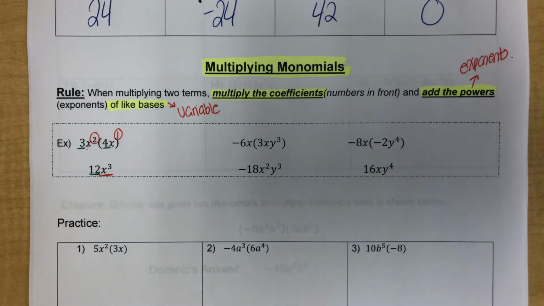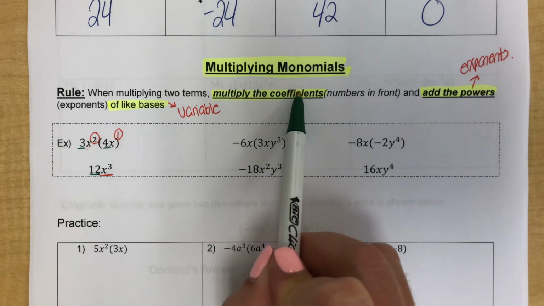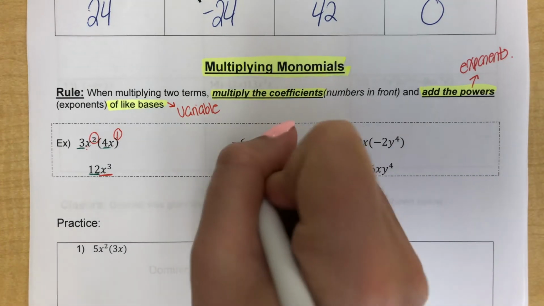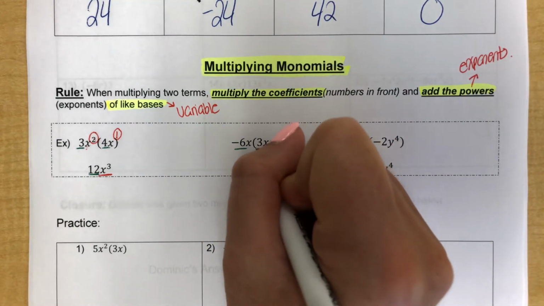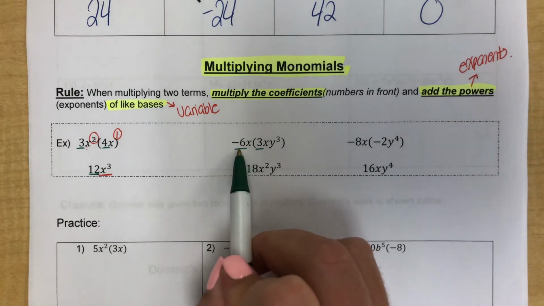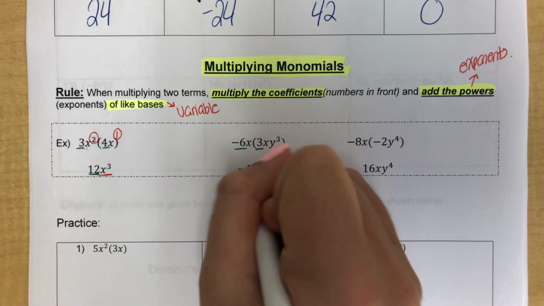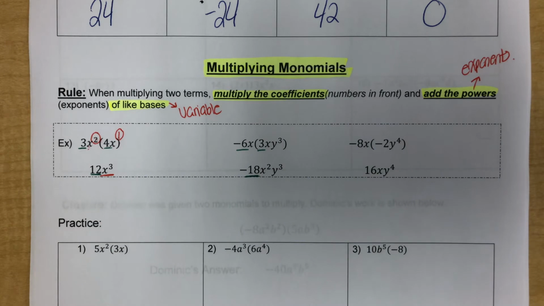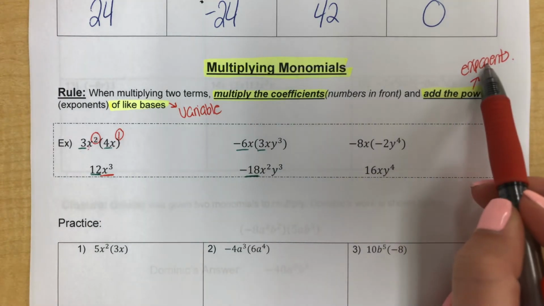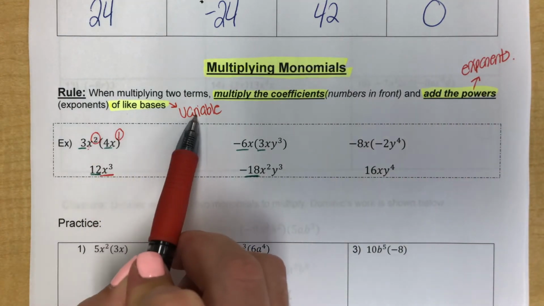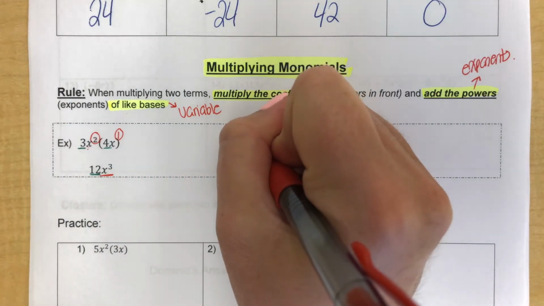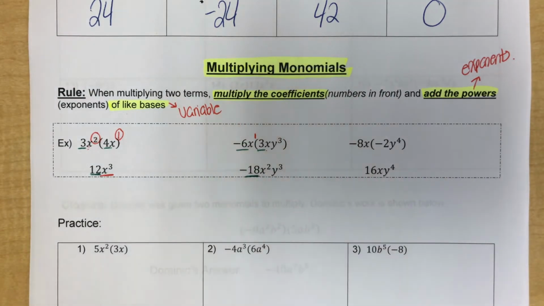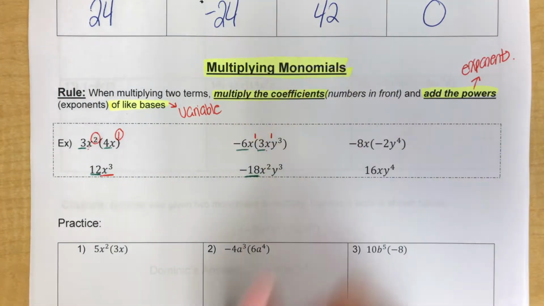All right, one more. Again, I'm looking, first step says to multiply the coefficients. So the coefficient in front here is negative 6, and the coefficient on my second term is a positive 3. Well, negative 6 times 3 is negative 18. And then last but not least, I want to add the exponents of like variables. Well, this variable is x, and it has an exponent of 1. This variable is x, and it also has an exponent of 1.